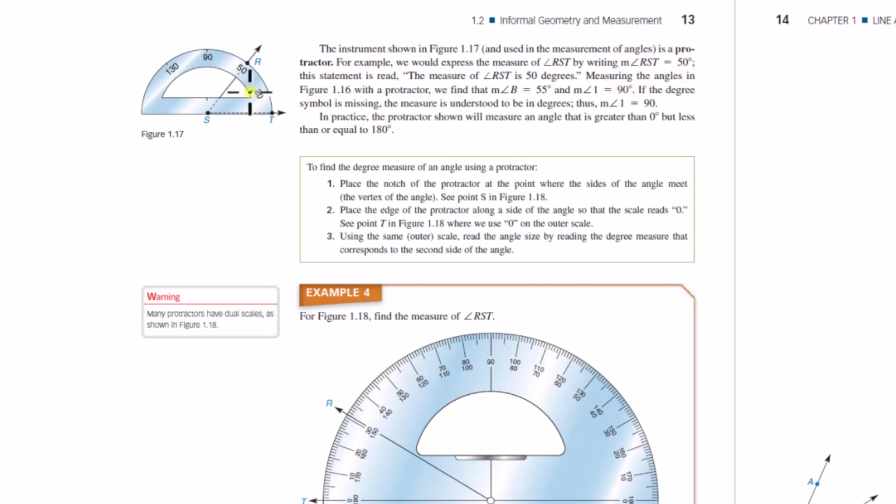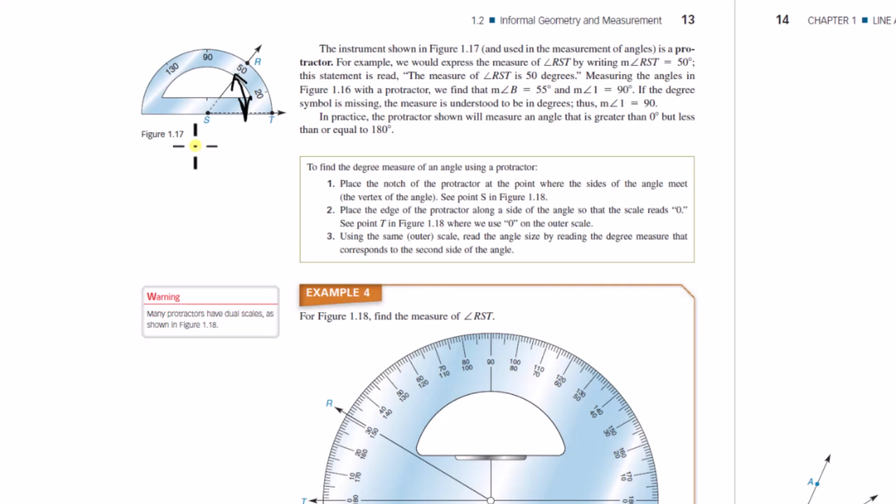And you can see, all we're trying to do with the protractor is just quantify how much of an opening there is between these two sides. So all you're going to do is put the straight edge of the protractor along either side you want, and then it'll give you the amount that's been rotated to get to the other side, and that's going to be the measure of the angle. And it's 50 degrees in this case.